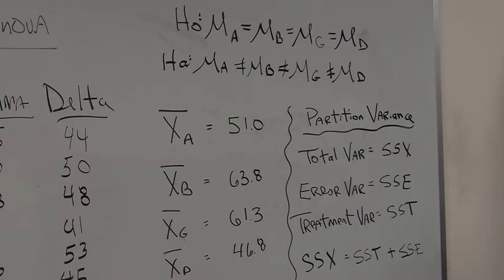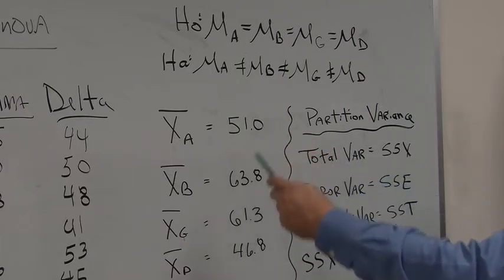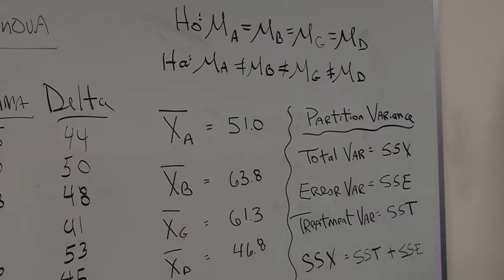We could do a two-group difference of means test. Or if we had only alpha and delta tires, two groups would be a two-group difference of means test. But because we have four groups, alpha, beta, gamma, delta, that exceeds the capacity of the two-group difference of means test, and that's why we have to run ANOVA.